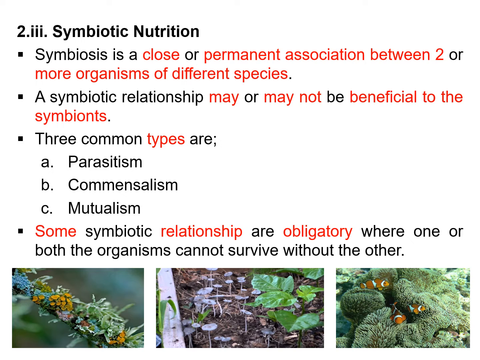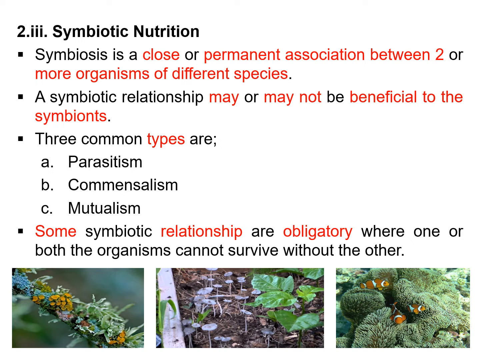A symbiotic relationship may or may not be beneficial to the symbiont. The three most common types of symbiotic nutrition are known as parasitism, commensalism, and also mutualism.